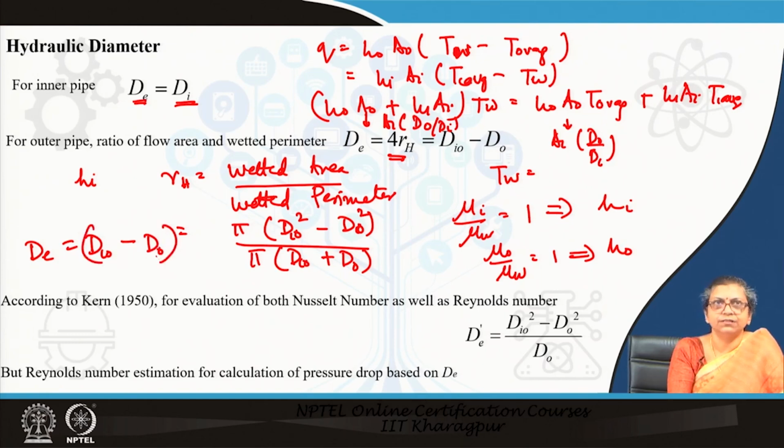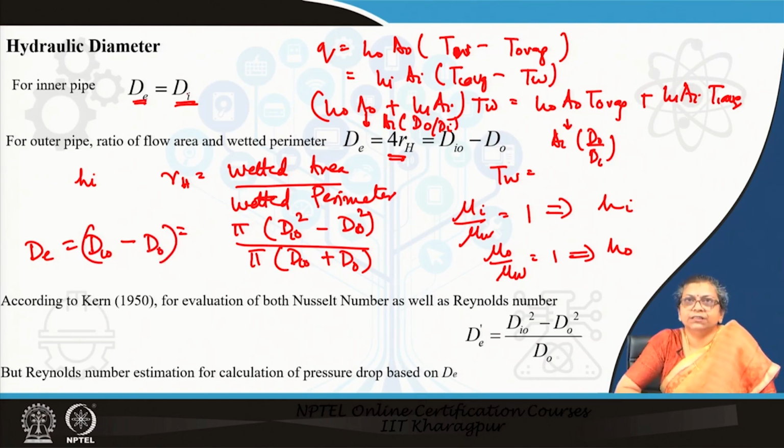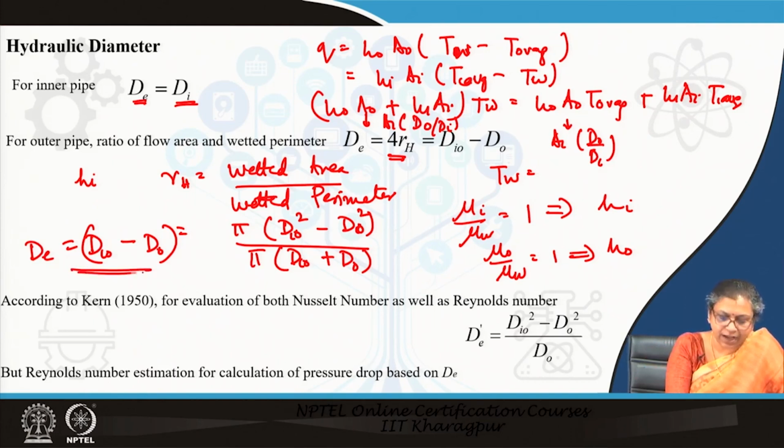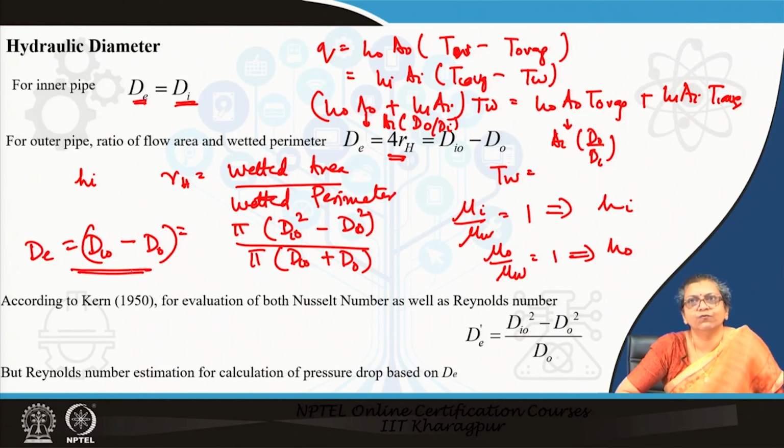We can use this, and for the inner fluid you can use this. Now, here I would just like to mention one thing. This was pointed out by Kern, and since we have been referring to the book by Kern, it is important for you to remember that what Kern had suggested is that, well, this definition is fine as far as you are finding out the pressure drop. I have no problems.